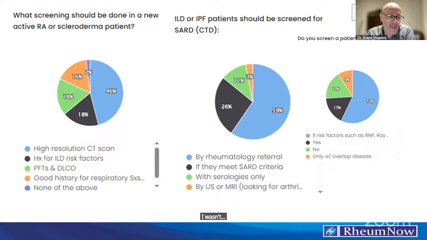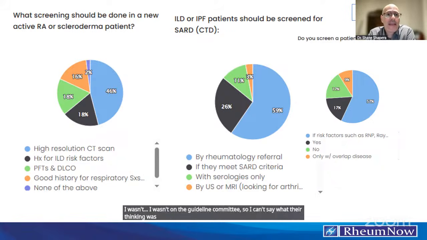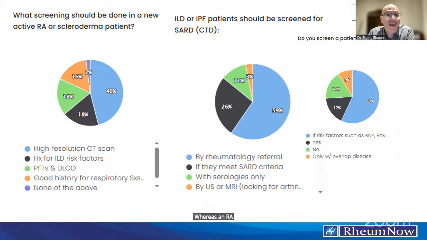I wasn't on the guideline committee, so I can't say what their thinking was, but I think it comes back to what Elana was saying, that we know in scleroderma the rates of ILD are very high. So we're thinking that the vast majority of those people should be screened. Whereas in RA, it's not entirely clear, particularly when we're talking about early in the disease, like Brian has been mentioning.